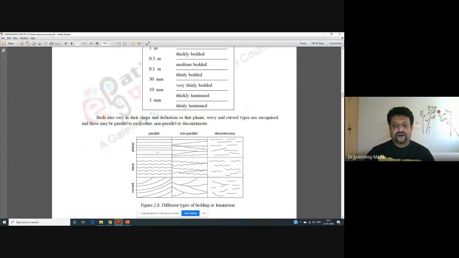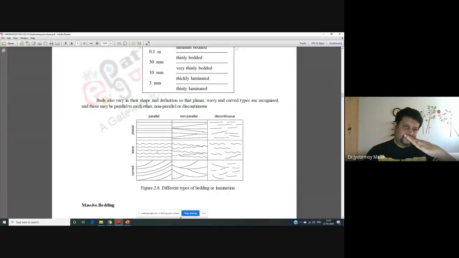Right. So depending on, of course, the depositional environments and the slope at which the sedimentation is happening, the slope on which sedimentation is happening also determines the shape of the sedimentary layer. We can generally classify them as planar, wavy, or curved, and they could be parallel, non-parallel, and discontinuous.